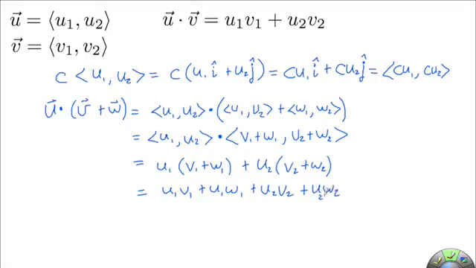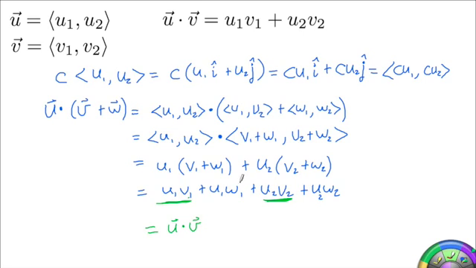Now, what I'm going to be looking for is commonalities. For instance, here's u1 v1 and here's u2 v2. When you look at them together, they become u dot v, because that's exactly what u dot v is equal to.